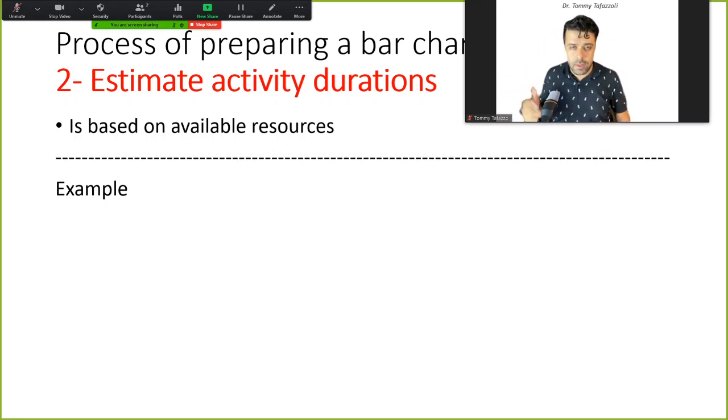You can use it. Some schedulers or project managers do something very interesting, and they keep track of the schedule information from previous projects. For example, they keep track of how long it took them to do a certain amount of excavation for a certain amount of soil.